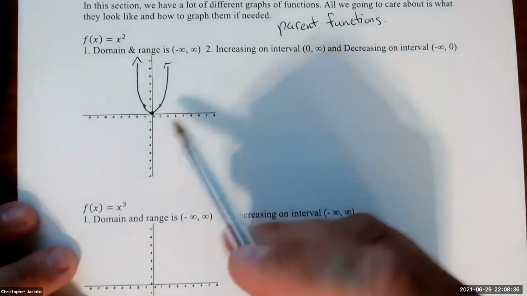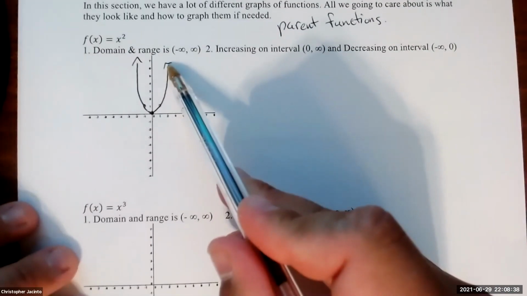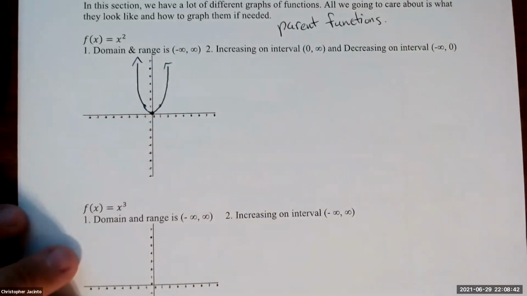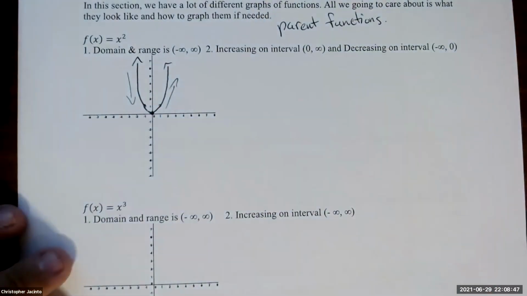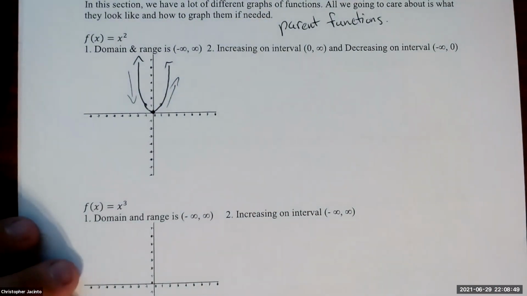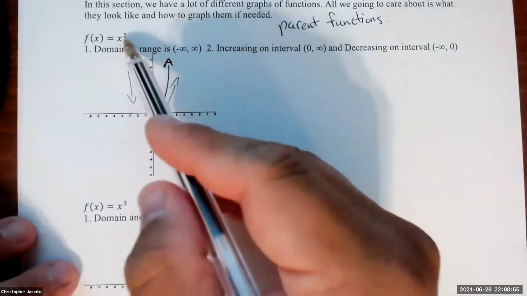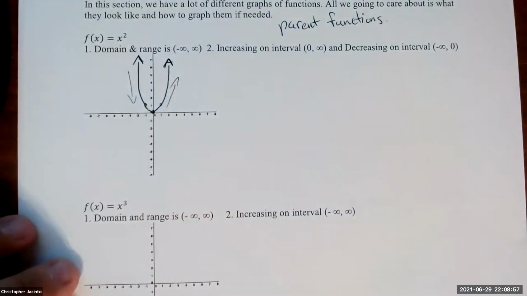It's increasing from 0 to infinity this way, and it's decreasing from negative infinity to 0 that way. So that's why it's a downtrend and then an uptrend on the other side. The main concept we care about is just being able to identify what it is. So x squared, a parabola, always means a U shape this way.